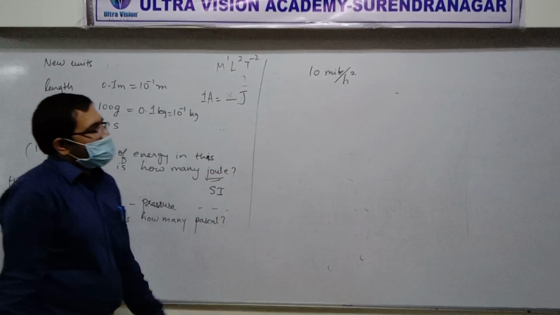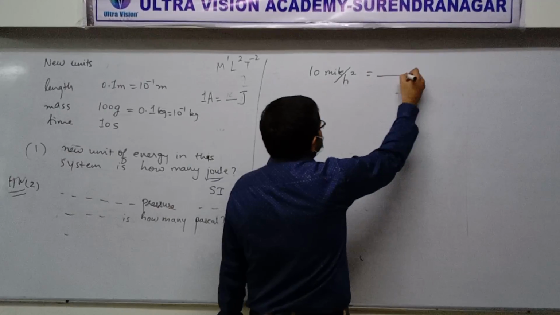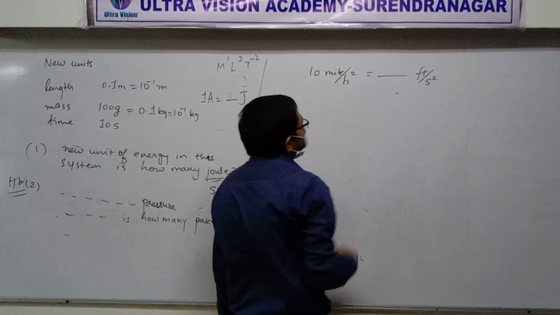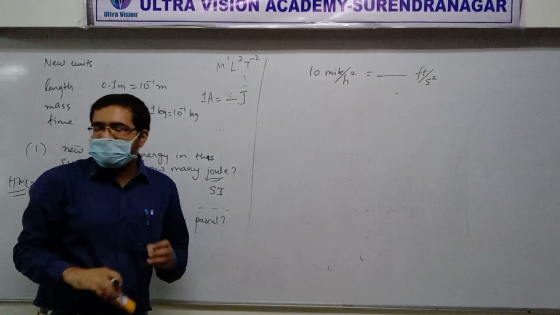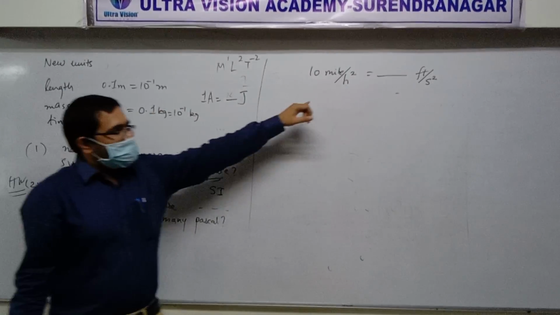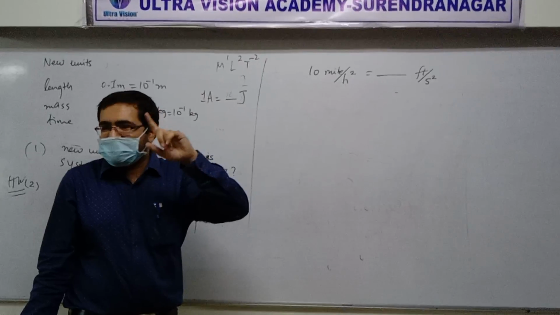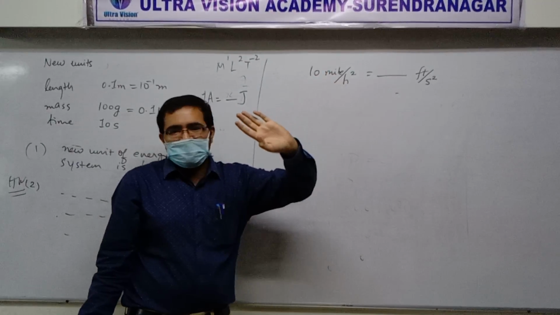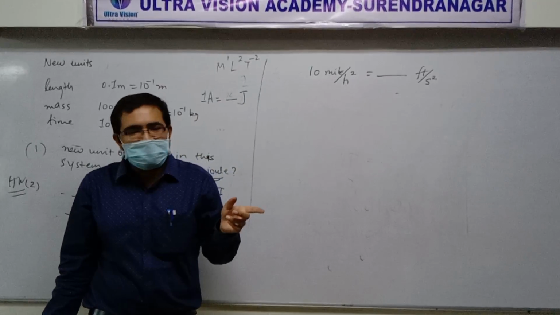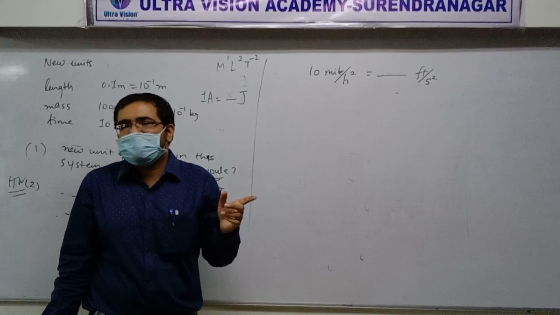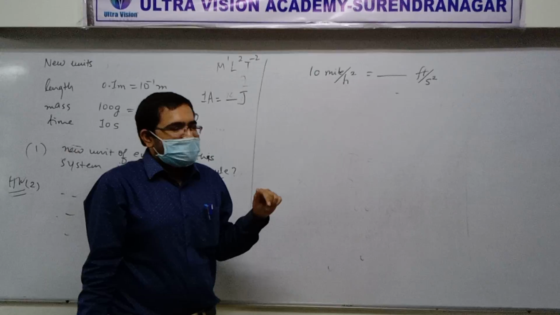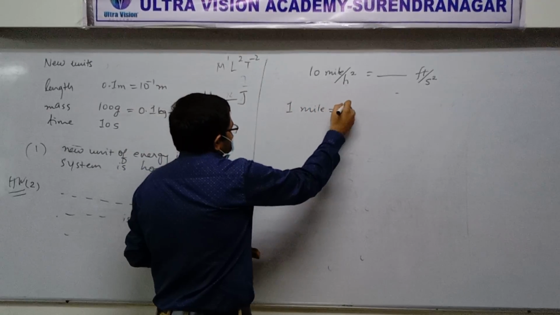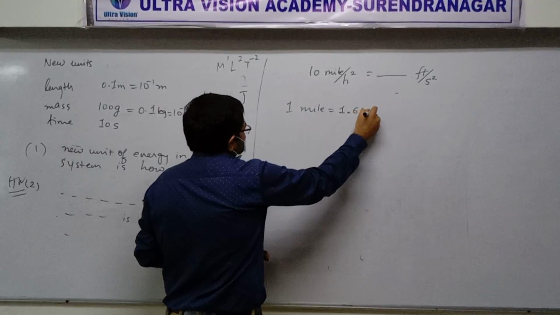We have to convert it to foot per second square. This H stands for hour. Mile, you know what a mile is, right? 1 mile is how many kilometer? 1.6. Okay, 1 mile is 1.6 kilometer.